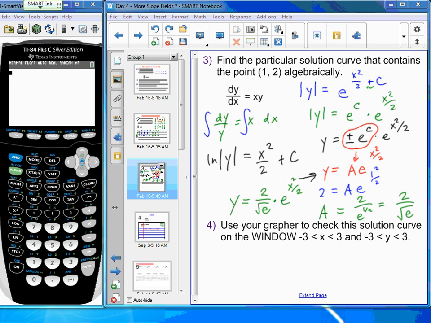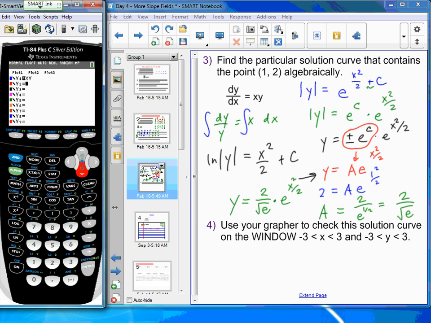So on our y equals menu, we're going to enter our differential equation, which was dy dx equals x times y. So we enter x times y. Where do I get y? Alpha y. Great. So that looks weird because we've got x's and y's mixed together. So my y1 is programmed to be the dy dx, my y prime. Okay? So we've got that.